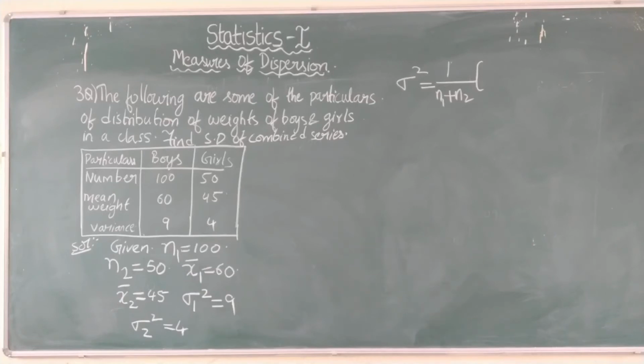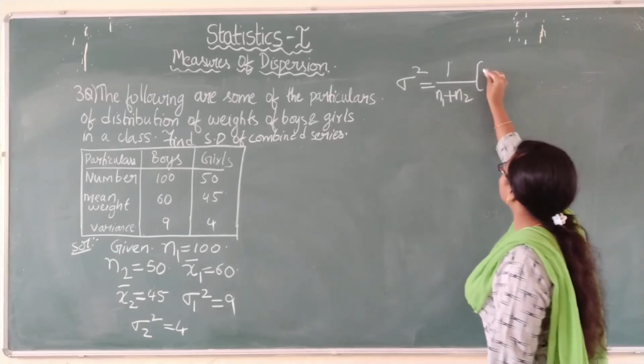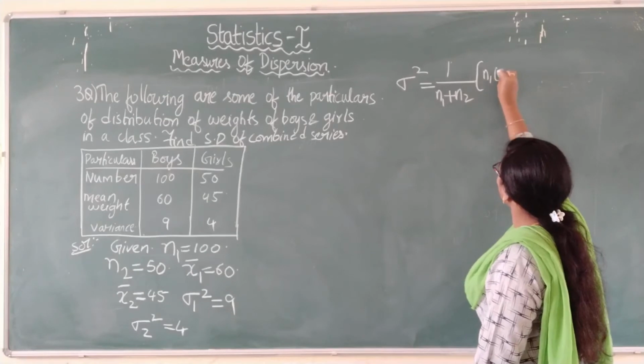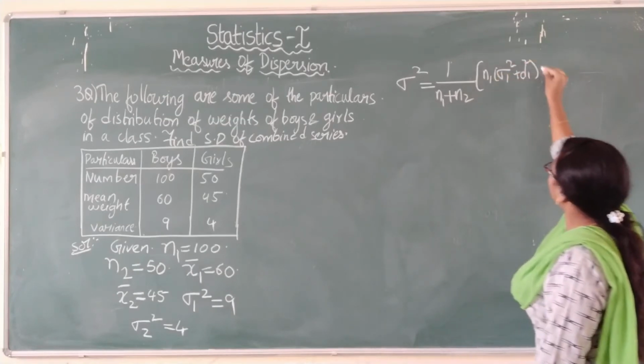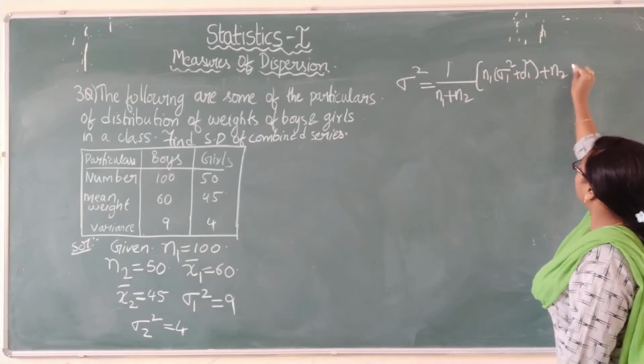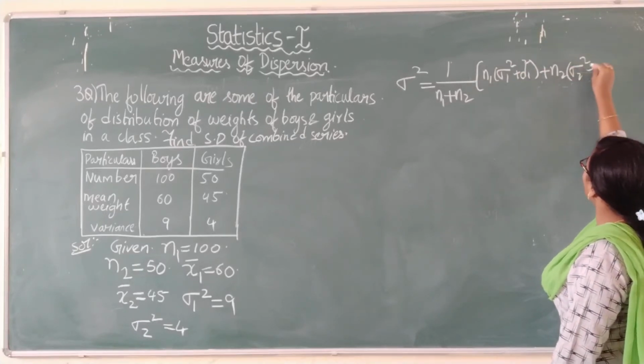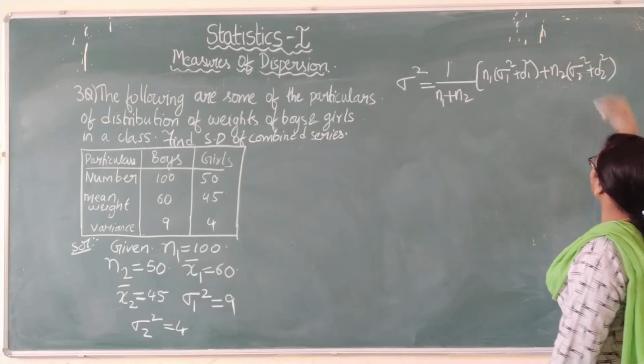Second. Yes, n1 into sigma 1 square plus d1 square plus n2 into sigma 2 square plus d2 square.